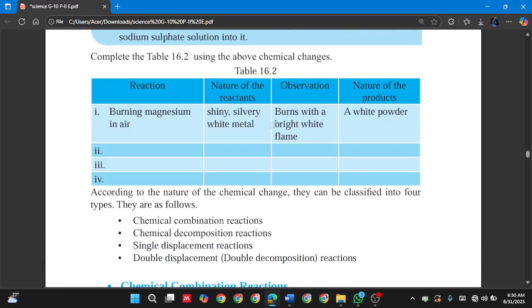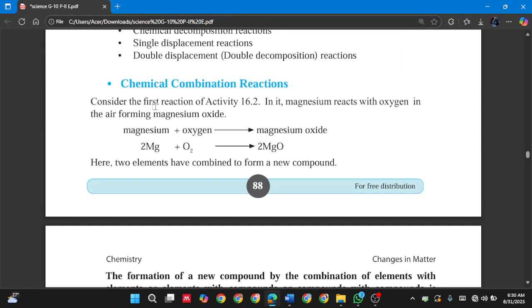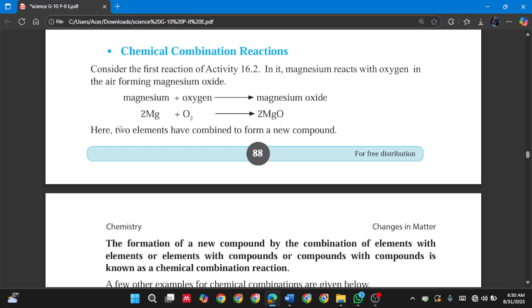So magnesium burns in the air. That means magnesium combines with oxygen and produces magnesium oxide. This is the balanced equation, because you can see it has 2 in here and in here. 2 magnesium, 2 oxygen. Here we have 2 in both.